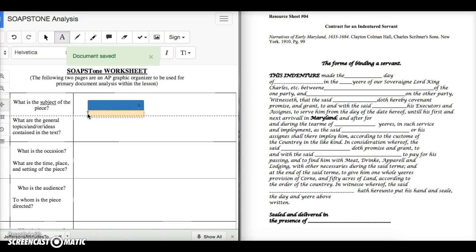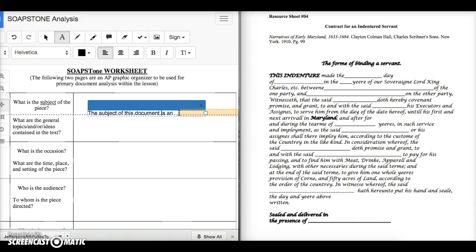And in this area, we can say that the subject of this document is an agreement between two people concerning indentured servitude, because that's what this document is about.